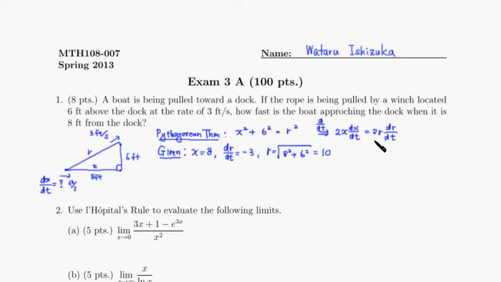Then we can divide both sides by 2x so that we can isolate dx over dt. So dx over dt is equal to 2r over 2x times dr over dt, and you can cancel the 2 and 2.